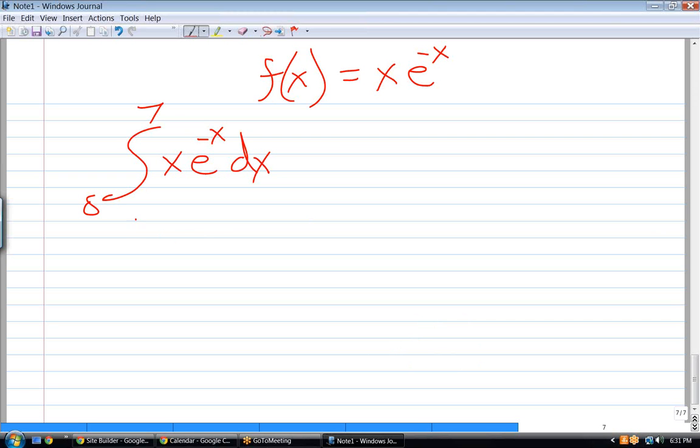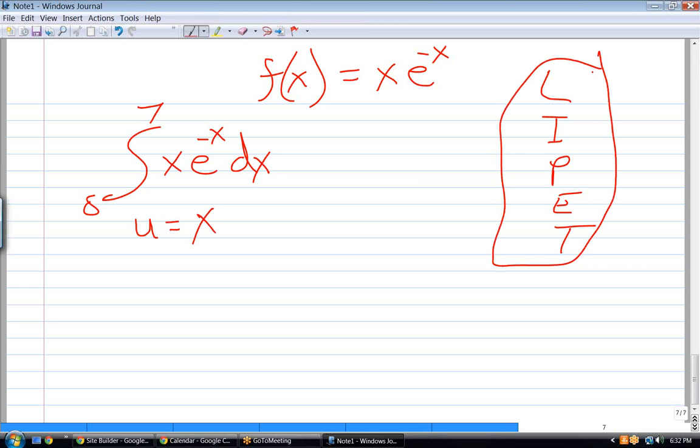Okay, so my u would be e to the negative x? LIPET. What's the E stand for in LIPET? Exponential expression. Right, this is the exponential expression. X is the polynomial. Since the polynomial comes before the E, I need to let u equal x, based strictly on this.